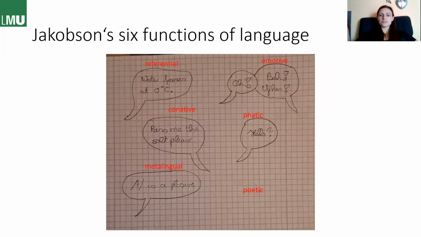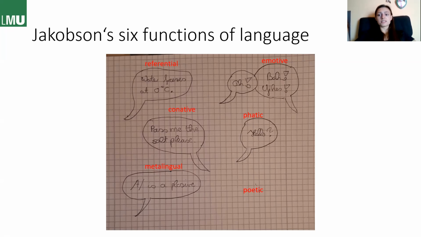And then we have the six functions of language, according to Jakobson. So we have a referential function. Referential function basically means that you have some statement, a description, and this example here is water freezes at 0 degrees Celsius.